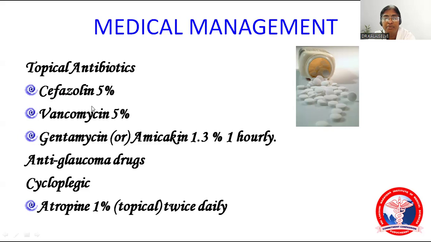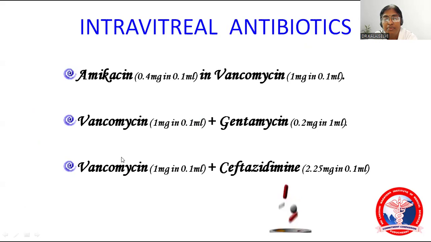So cefazolin, and if there is inflammation in the picture and raised intraocular pressure, anti-glaucoma measures. Give cycloplegics, such as atropine one percent. In intravitreal antibiotics, vancomycin and ceftazidime are used.